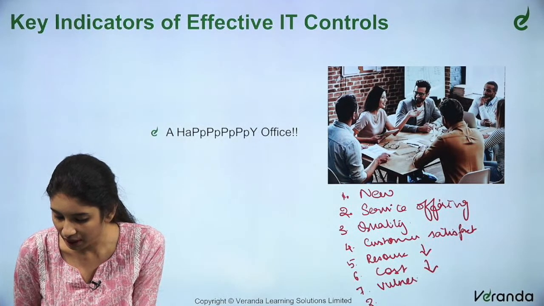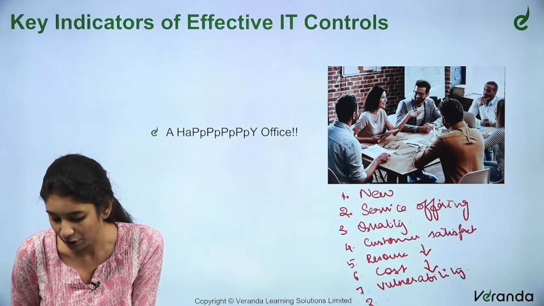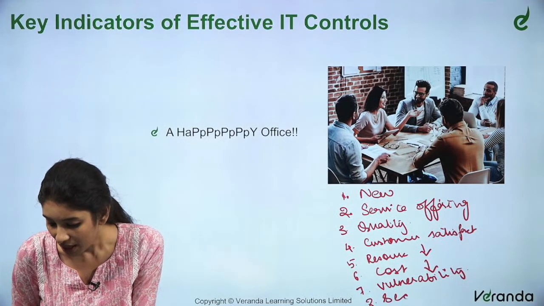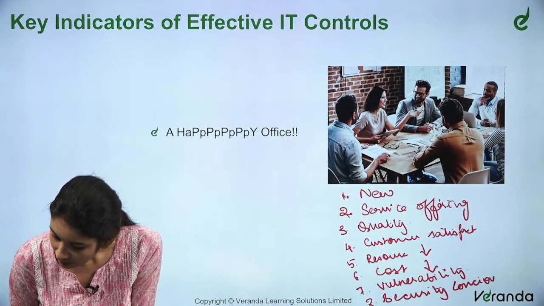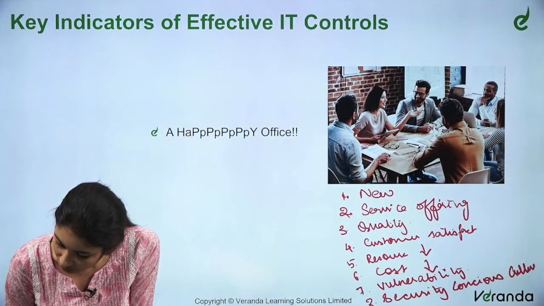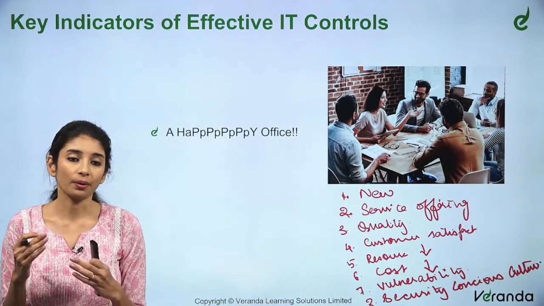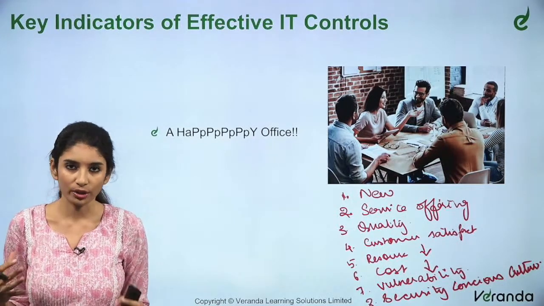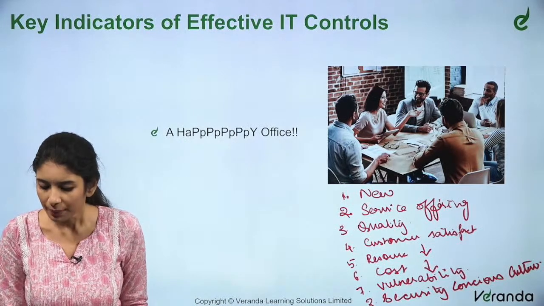And then I have protection against vulnerabilities. In case of any missing safeguards, I will get to know. And finally, I will have a security conscious culture. The last two points are cautioning points.